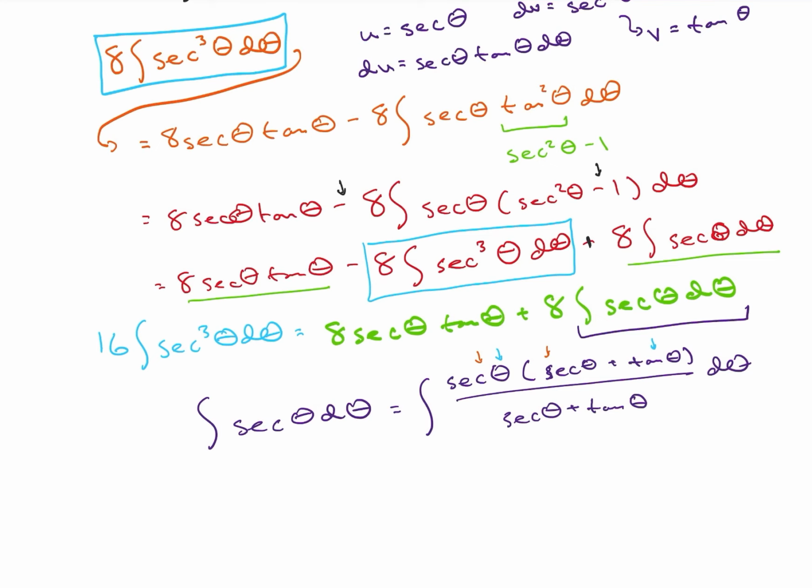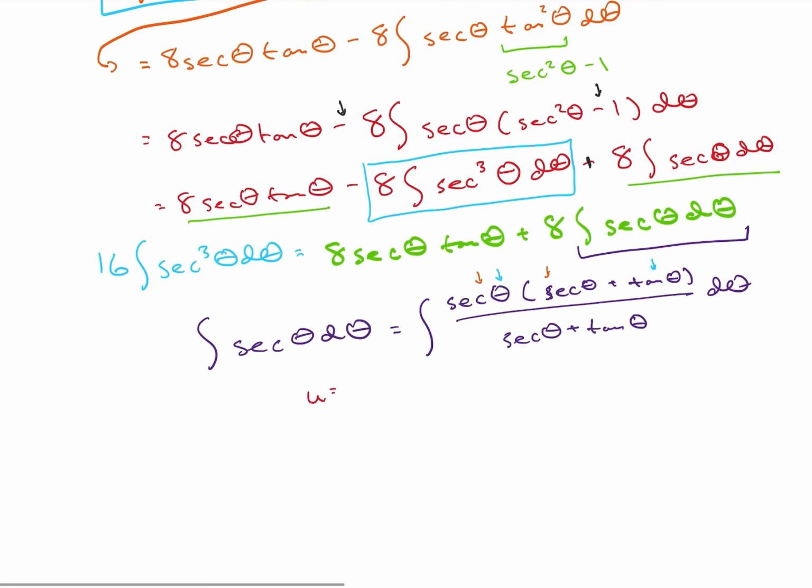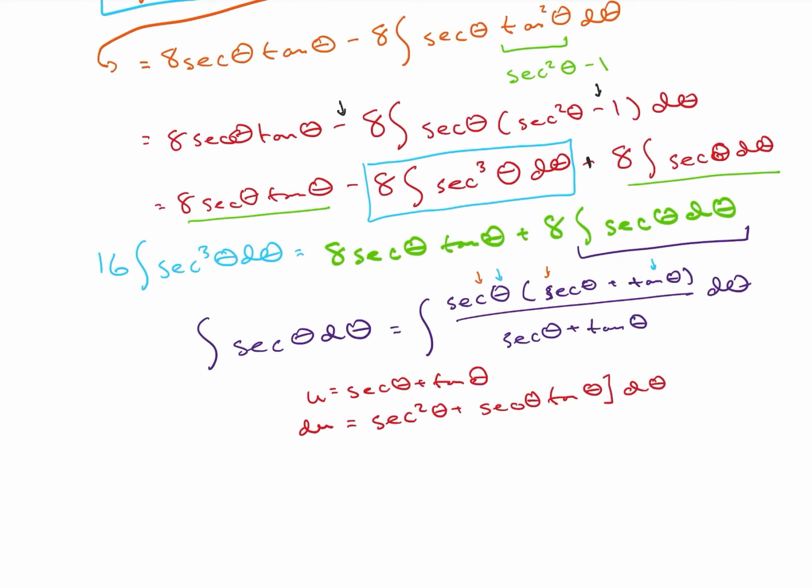So if I make u equal to secant theta plus tangent theta, then du is going to be secant squared of theta plus secant theta tangent theta d theta, which is exactly what I have in the top. So this purple integral is going to be the natural log of secant theta plus tangent theta.